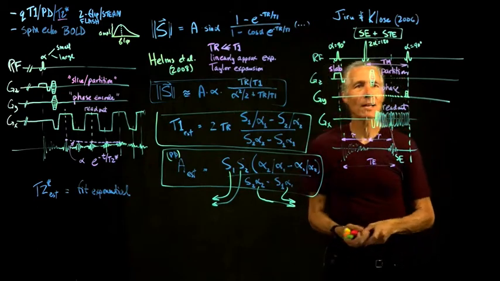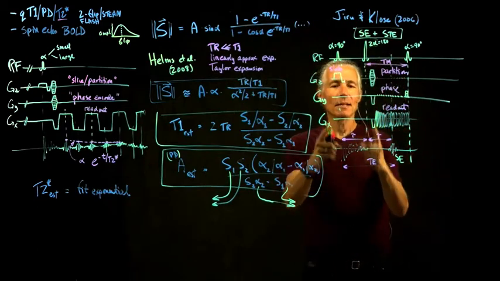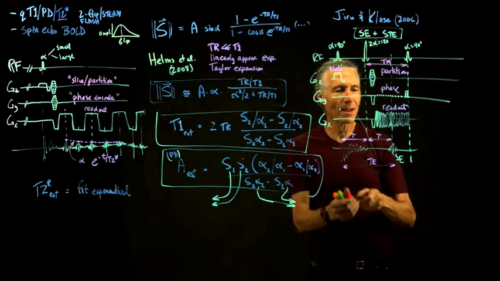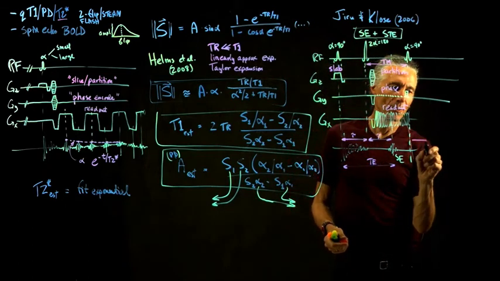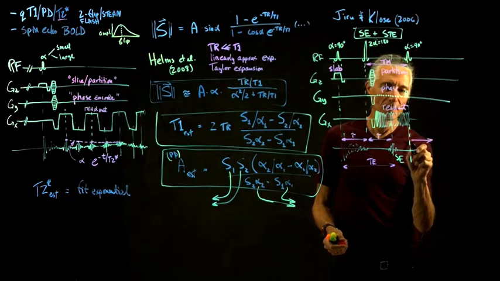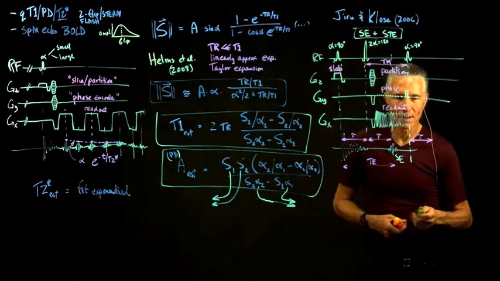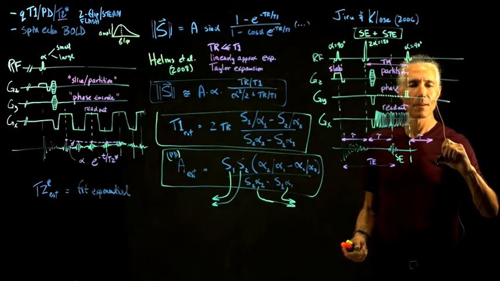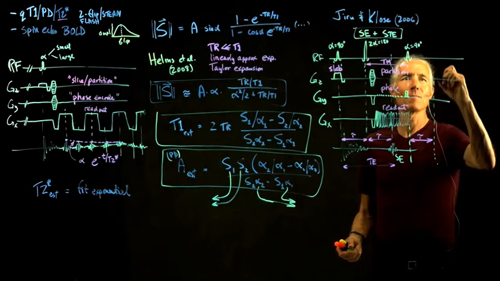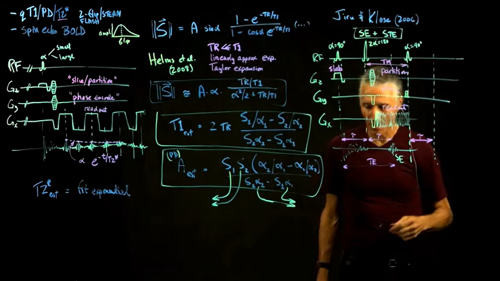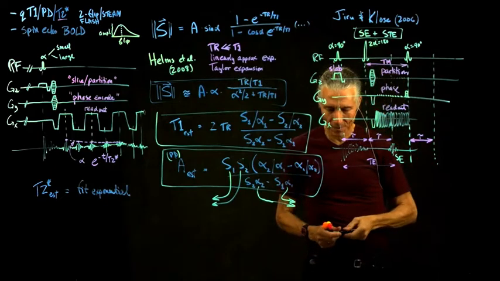And then what will happen is, tau amount of time after the third pulse, we'll get another echo. So here there'll be another echo, and that one will be a stimulated echo.